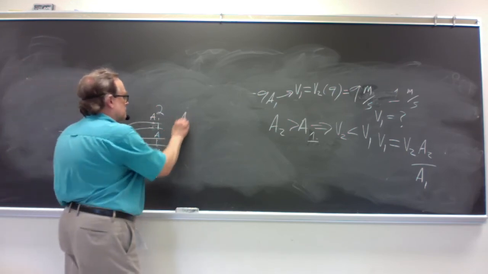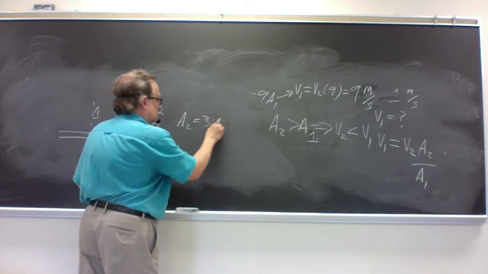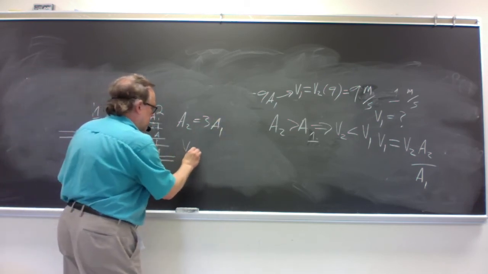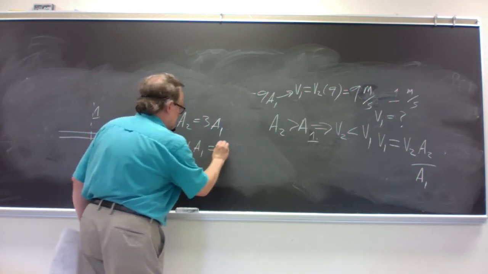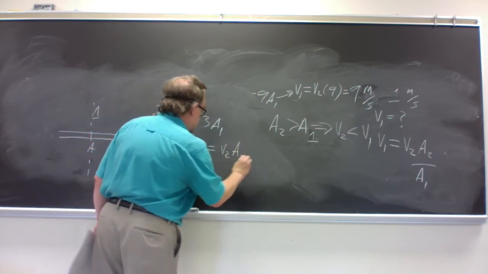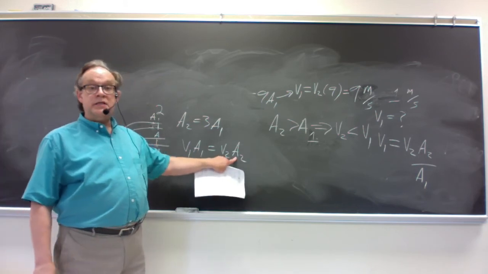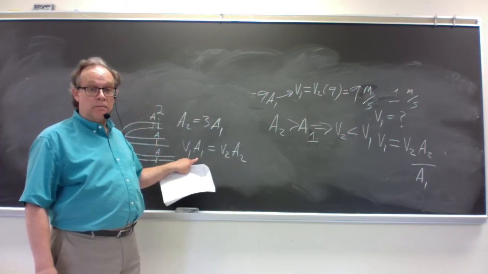So we have that, and then our continuity equation is that, but area 2 is 3 times bigger than area 1.